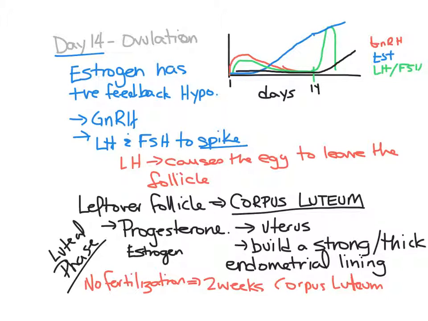And as it breaks down, then you stop having progesterone and you stop having estrogen, and now the lining of the uterus, the endometrium, is going to be taken away, and those hormone levels are going to drop. Progesterone and estrogen both have negative feedback to the hypothalamus and to the anterior pituitary, so there is no message saying to start over. And all of a sudden, all the levels of the hormones drop, and that is basically the end of the menstrual cycle.